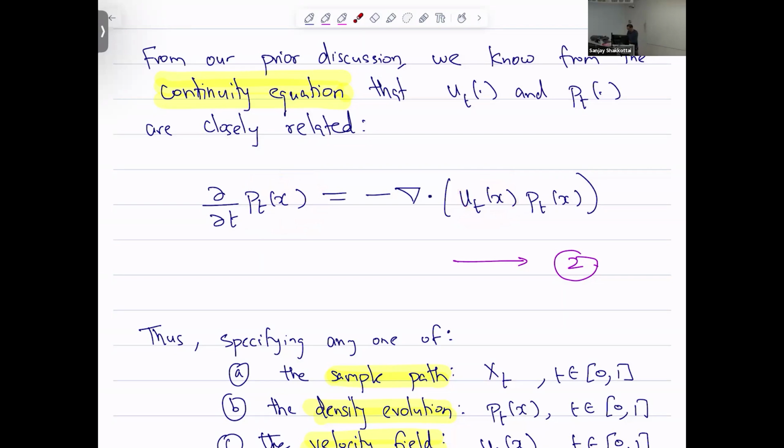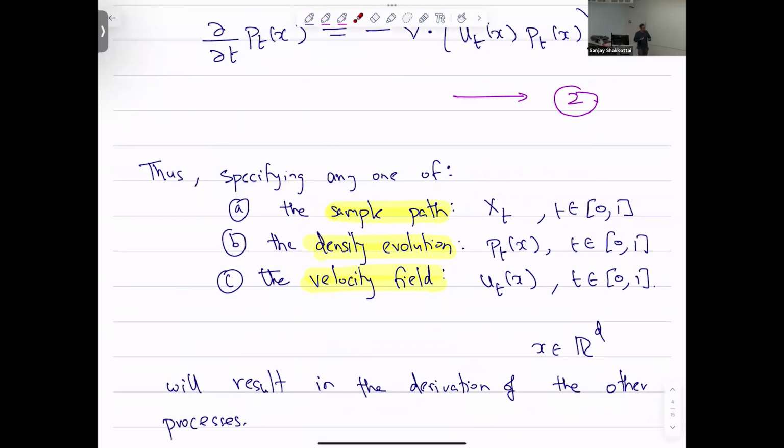So if you want to have a generative model, there are three ways you can think about it. Let's fix time between 0 and 1. Time evolves from 0 to 1. At time 0, you find an easy way to sample something. Gaussian noise is one, but there could be other things as well. And you specify that at time 1, I want to get somewhere.